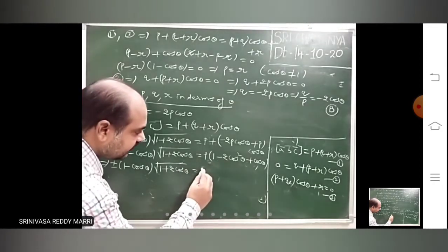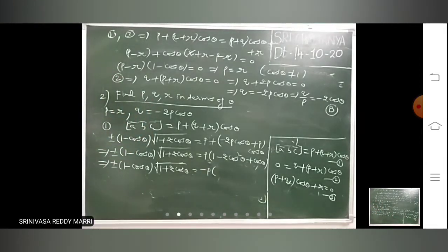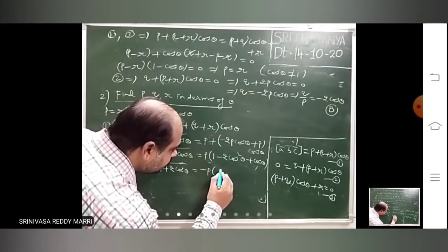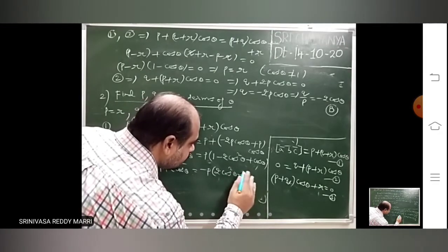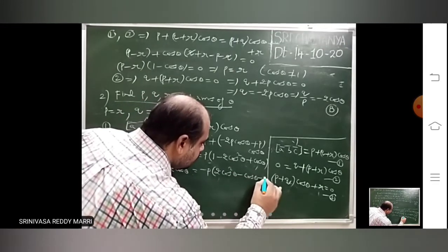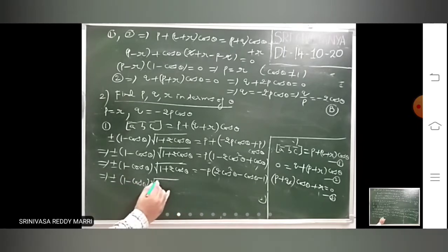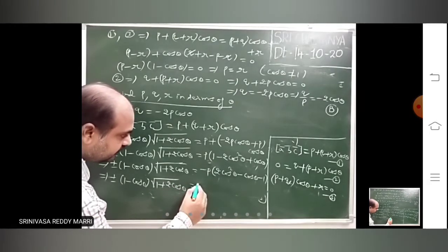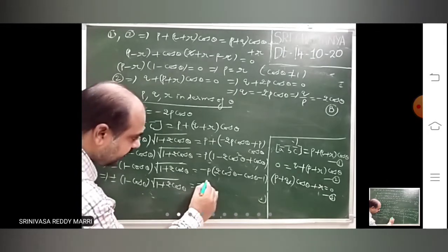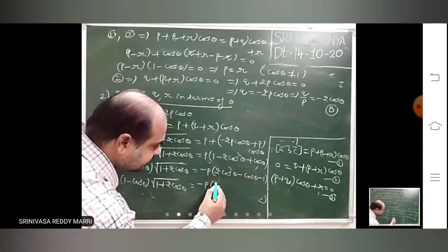Equal to, here you take minus common, minus P into, factorize this. Minus 1. That means plus or minus 1 minus cos theta into, equal to minus P into this. If you factorize this, while finding the determinant, what will you get?